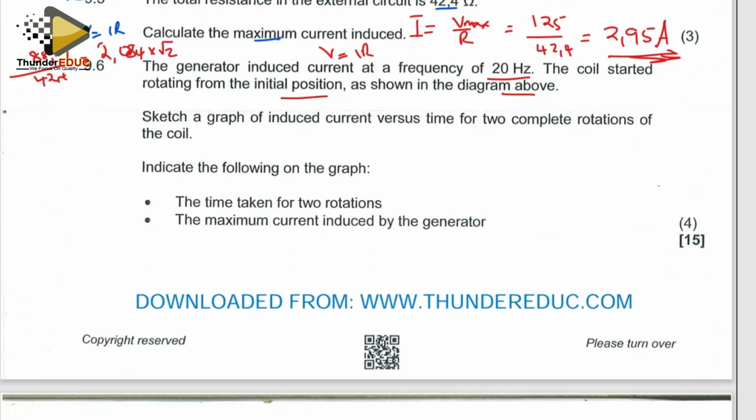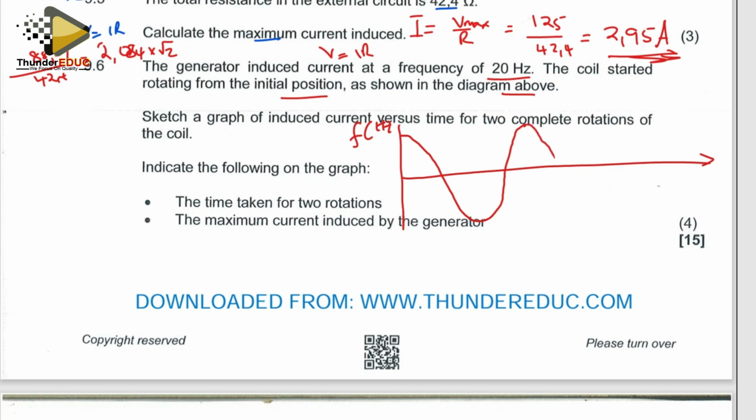They want us to sketch the graph for two complete rotations. So I'll say this is my frequency in Hertz, and I'll have something like that. It is one complete rotation, and then I'll have the same thing repeat itself, so that is two complete rotations.